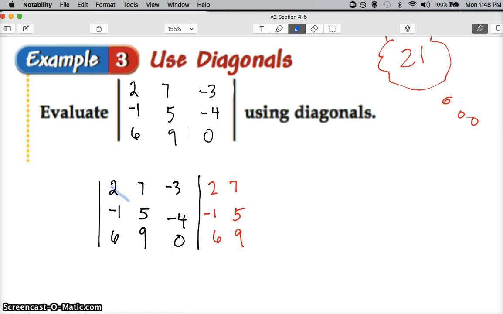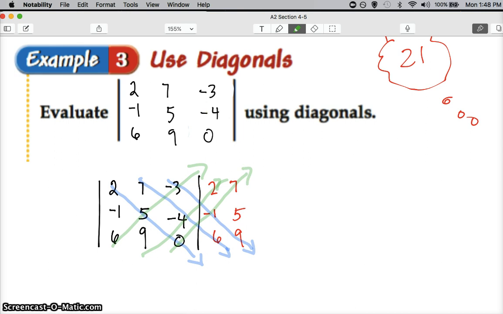I'm going to multiply everything that I diagonalize downward, and I am going to leave the sign as it is. And everything that I multiply upward in this diagonal, I'm going to subtract. Let me see if I can make that diagonal a little bit better. There we go. And we should get the same answer.